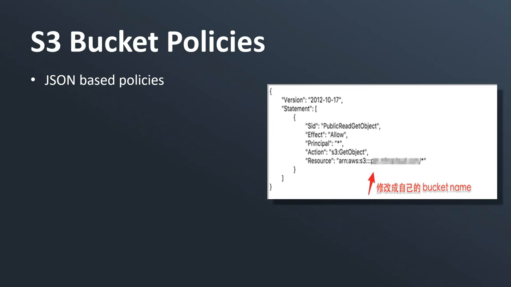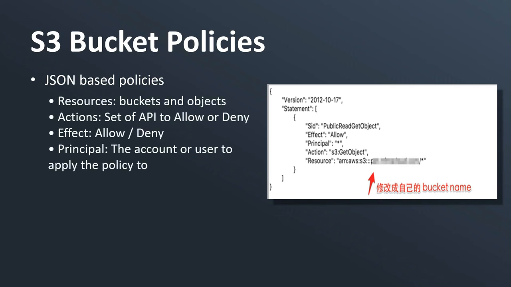These bucket policies can be applied to your bucket and objects, so both. The action is the set of APIs to allow or deny. The effect is allow or deny. The principal is the account or the user that this S3 bucket policy applies to.